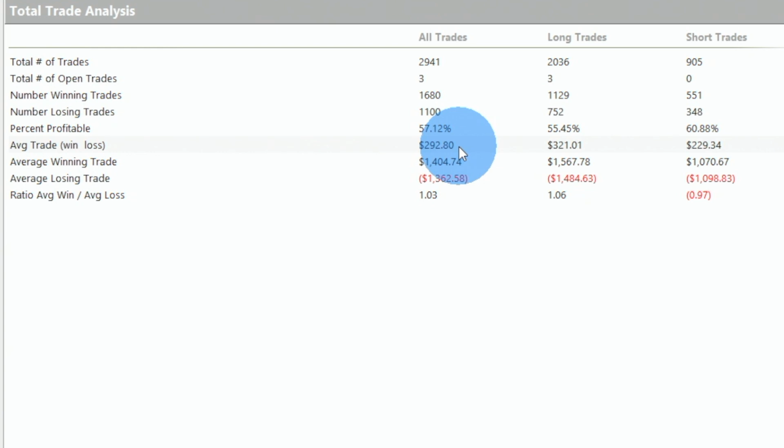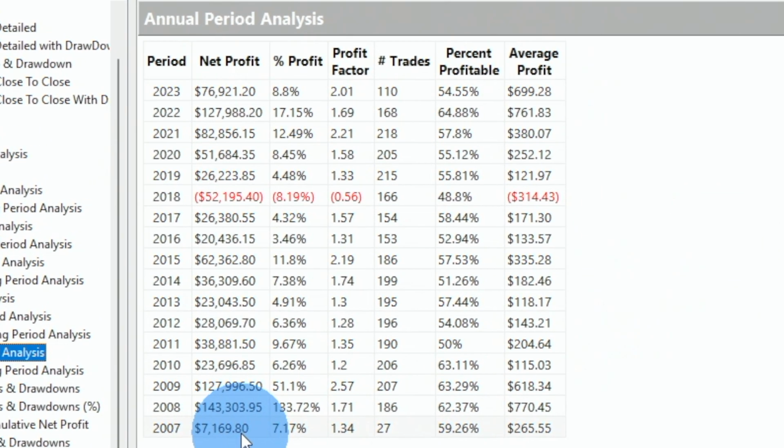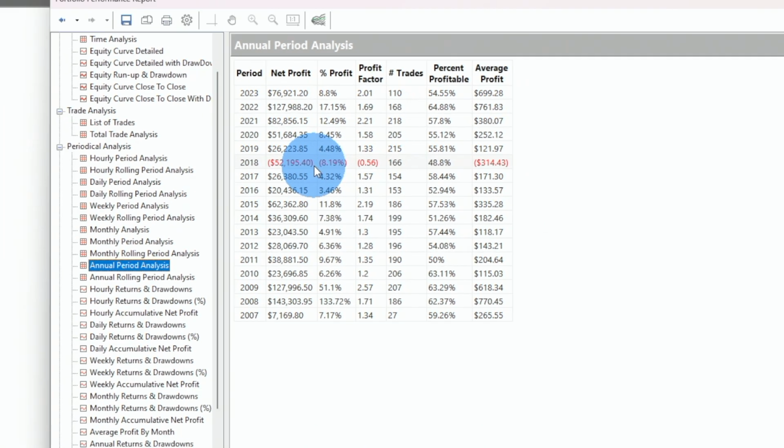Now, as I told you, each strategy's average trade covers more than 3 times slippage and commission, but this is averaging all the strategies together for short and long. Periodical analysis since 2007, we are profitable, of course, every year except 2018, where we lost $50,000.